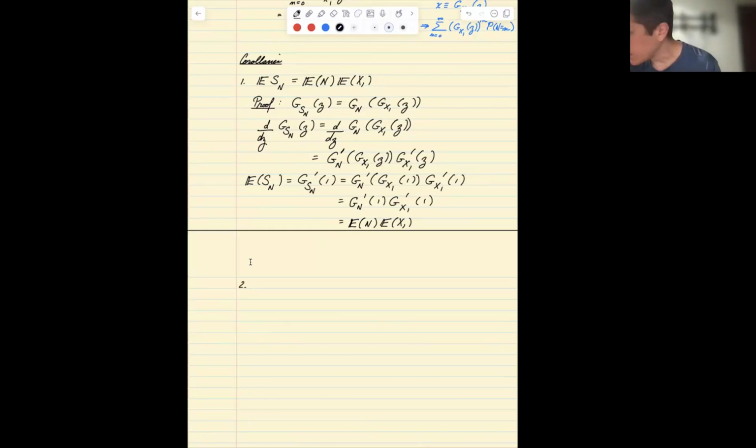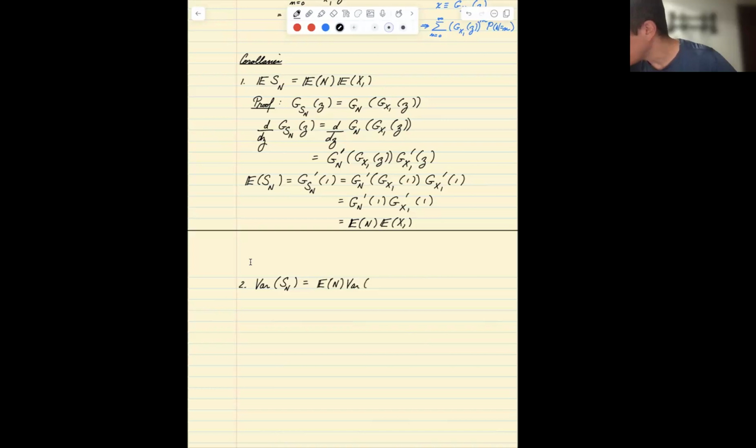Okay, and now what about the variance? Well, we can use a similar technique, and I'm going to leave this as an exercise: using a similar technique to get the variance of S_N. And it has two components.